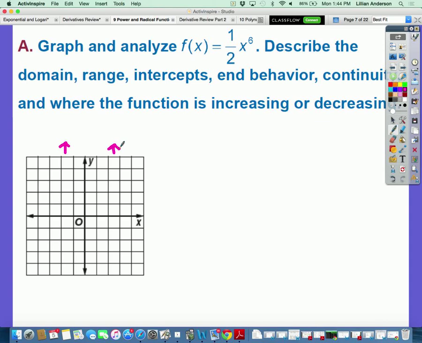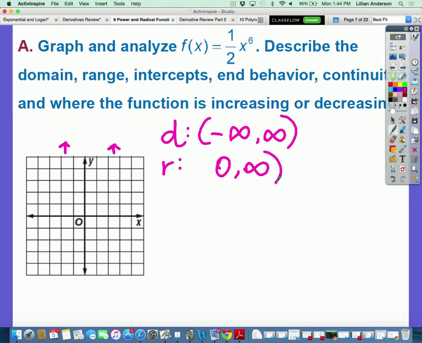Okay? Let's go through all the good stuff. It's even, so my domain is what? Negative infinity to infinity. Okay? When n is even and a is positive, what's my range? And is 0 included?